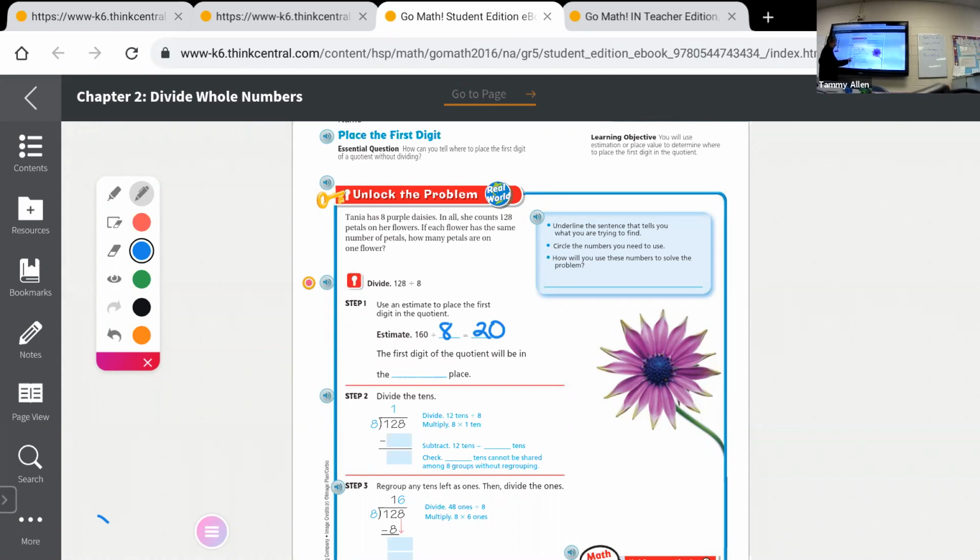I cannot put the 1 clear over here because it didn't go in there 1 time over there, did it? It did not go in there in the hundredths place. It goes in there clear over in the tens place. 1 times 8 is 8. It's clear over here in the tens place. So now we do 12 minus 8 is 4, and we can drop down the 8 in the ones place, and we have 48.